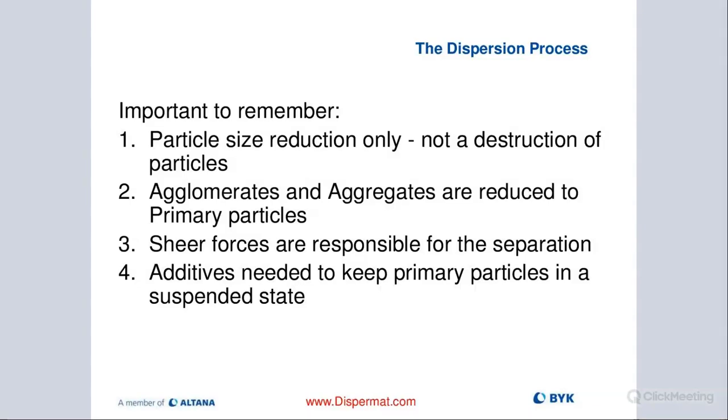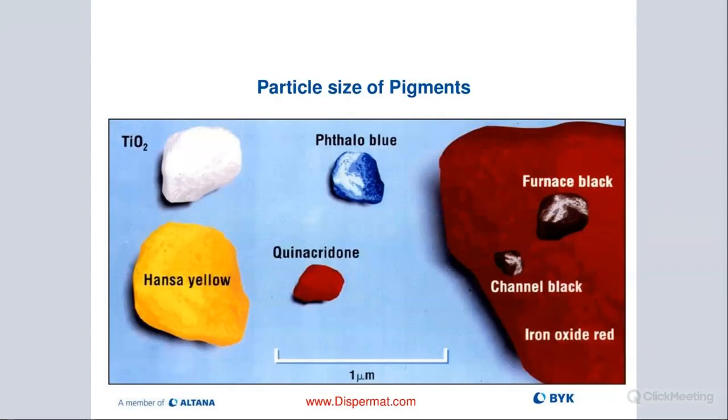Then selecting the right type of additive is very important to keep the particles in a suspended state and keep them from flocculating back together, which sometimes happens if the formulation doesn't include the right additive or dispersing agent to keep them in a suspended state.